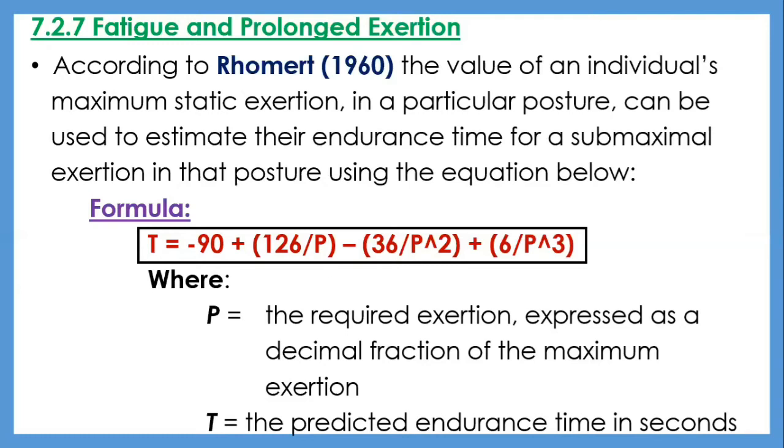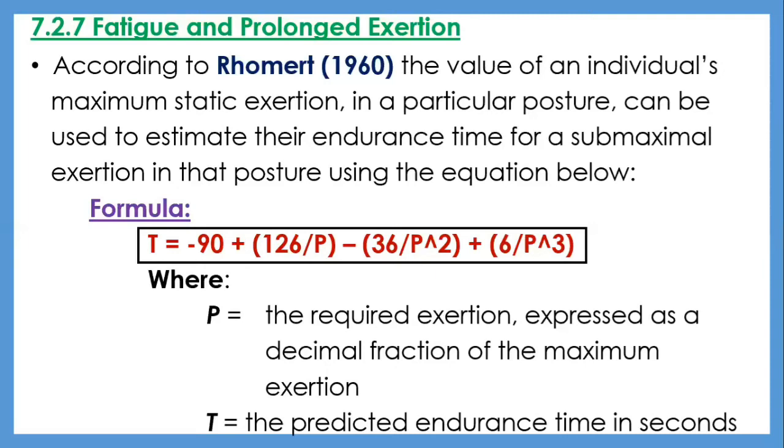So our formula would be T equals negative 90 plus the quantity of 126 divided by P, minus the quantity of 36 over P squared, plus the quantity of 6 over P cubed, where P refers to the required exertion expressed as a decimal fraction of the maximum exertion, and T refers to the predicted endurance time in seconds.